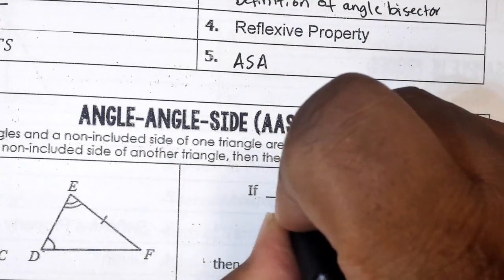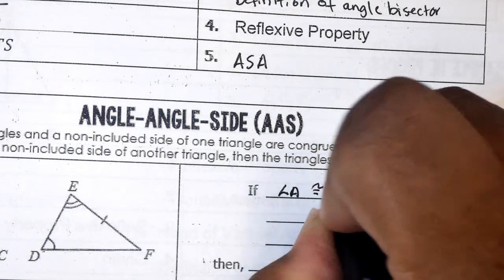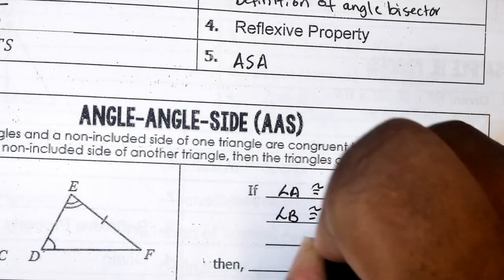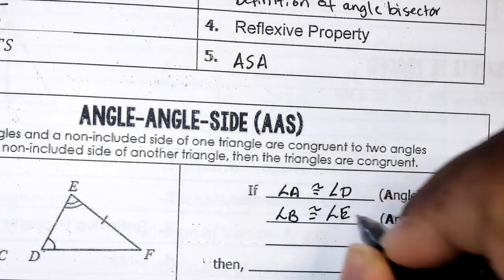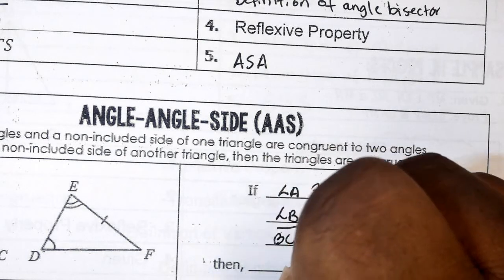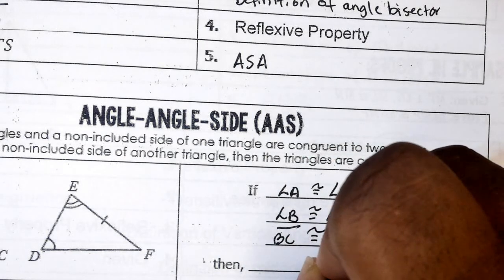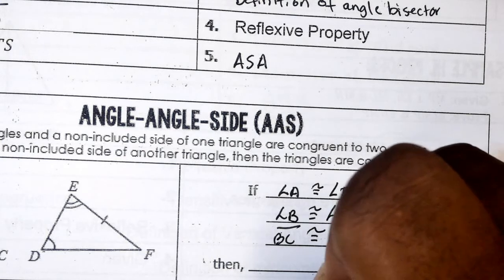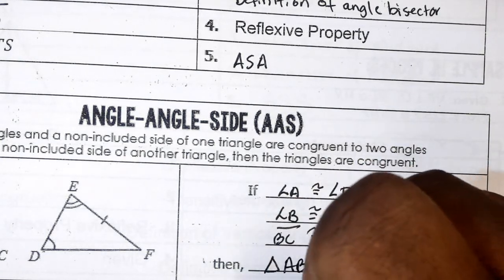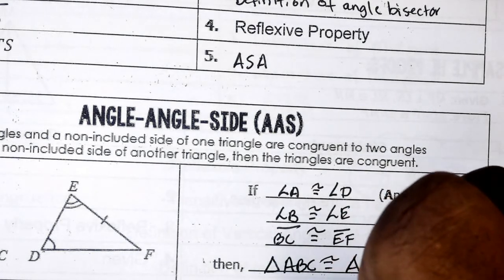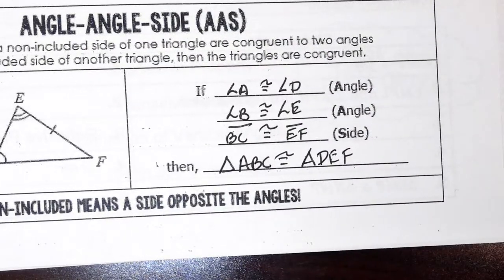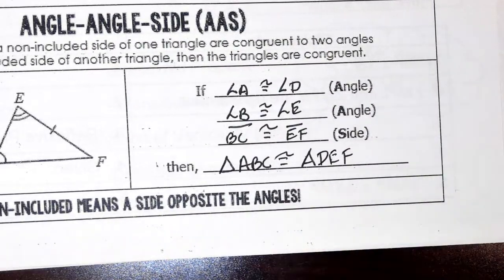So angle A is congruent to angle D. Then angle B is congruent to angle E. And then side BC is congruent to side EF. Then you have triangle ABC is congruent to triangle DEF. All I did was take the information from the left, put it on the right.